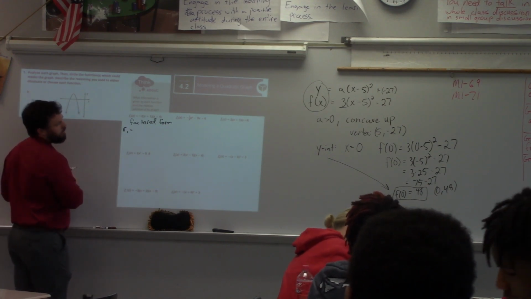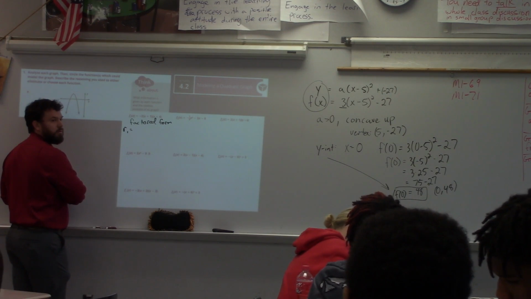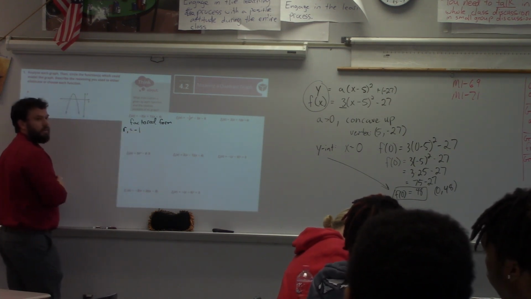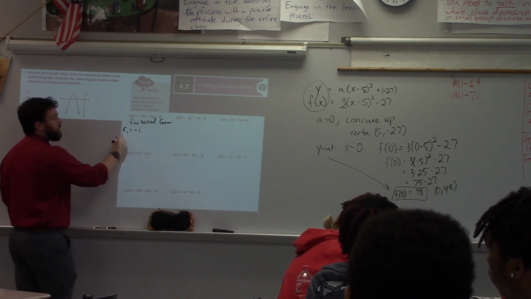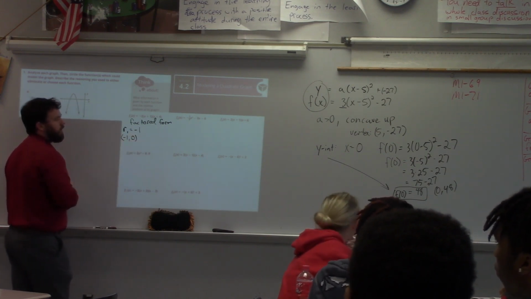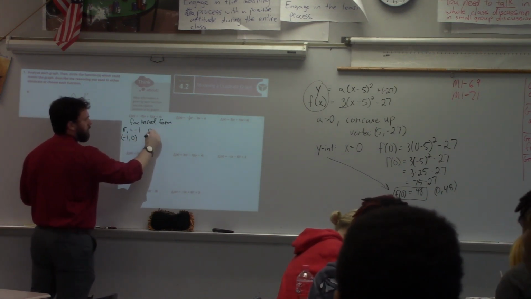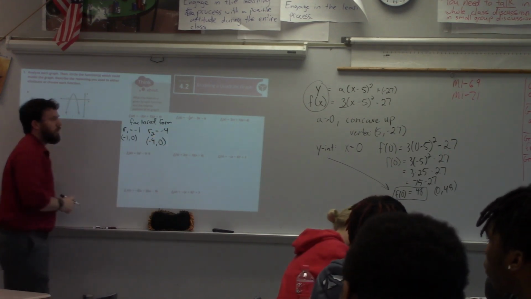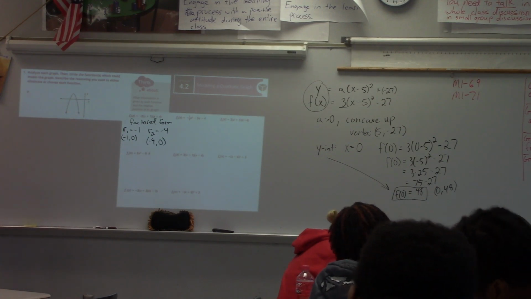Close, it's minus 1. Remember, I need the opposite. R1 is -1, which gives me the x-intercept (-1, 0). R2 gives me (-4, 0). Notice we got factored form, so we're immediately looking at those roots.